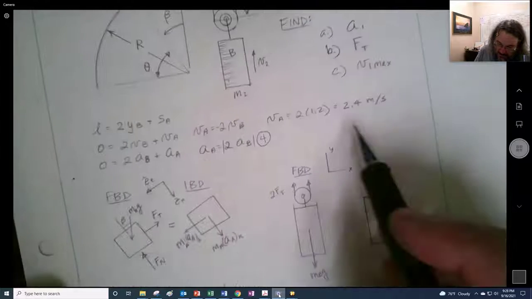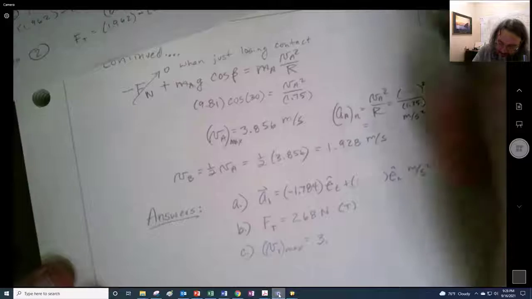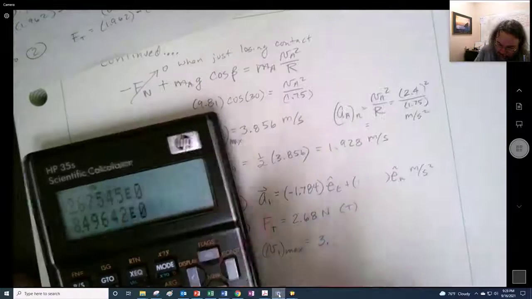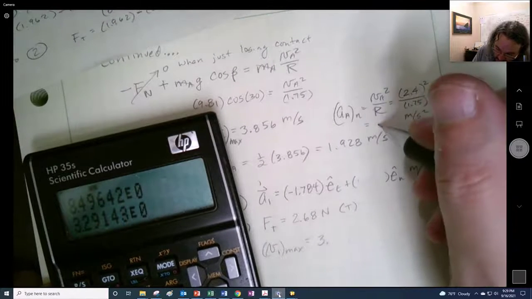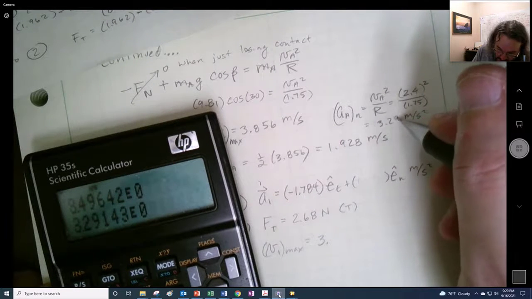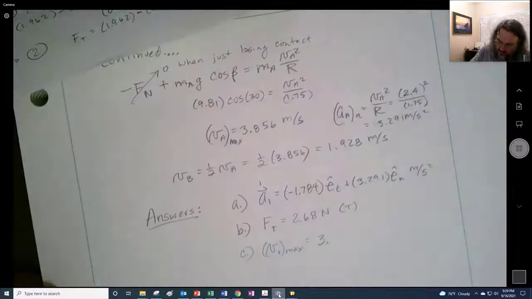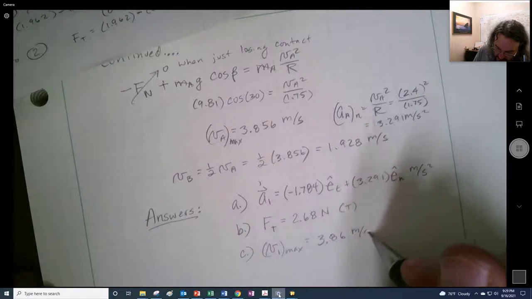We never go farther. Oh, there it is. 2.4, right? 2.4 squared over 1.75. There you go. 3.291 in the normal direction. And this is 3.86 meters per second.